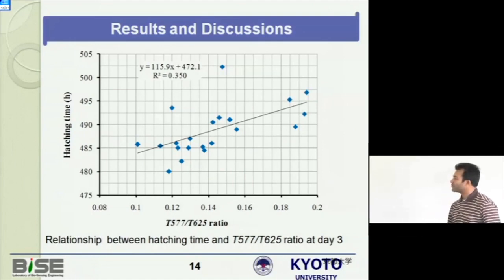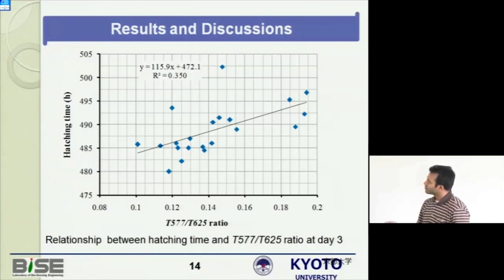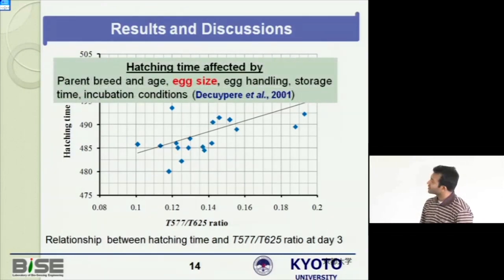And this is the relationship between the T577 and T625 ratio and the hatching time, and we found that this correlation is not strong enough. I found other literature showing that the hatching time of chicks depends on many factors such as parental breed and age, egg size, egg handling, storage time, and incubation conditions.